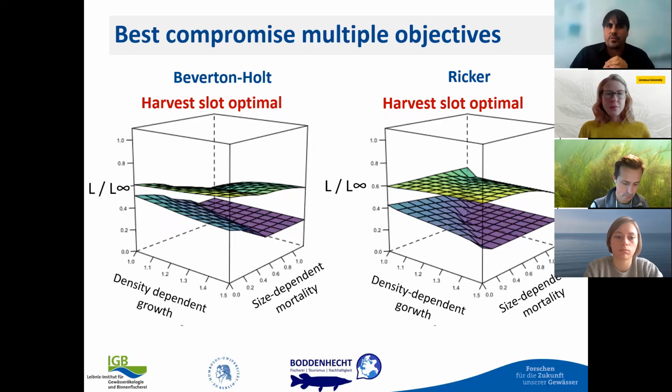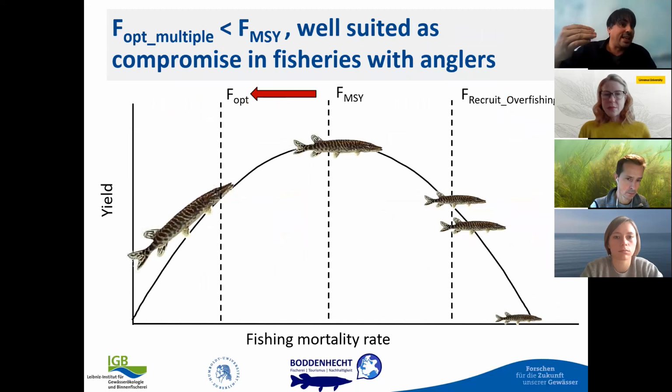For a compromised objective, go for a harvest slot. What does this do? It basically means that you are moving the optimal fishing mortality rate from those that just looks at biomass yield to something else, left of that curve, which also maintains a higher abundance, which benefits catch rate, but has some form of exploitation to facilitate fast growth, which then also creates trophy fish.